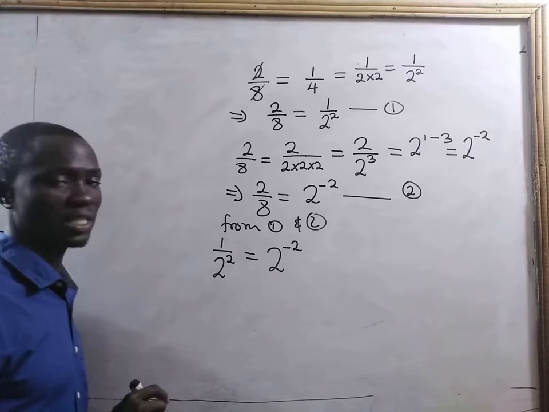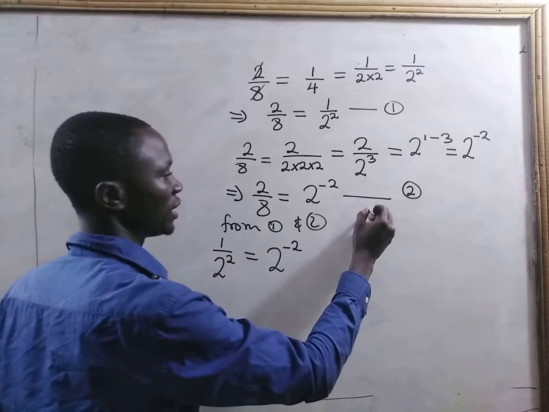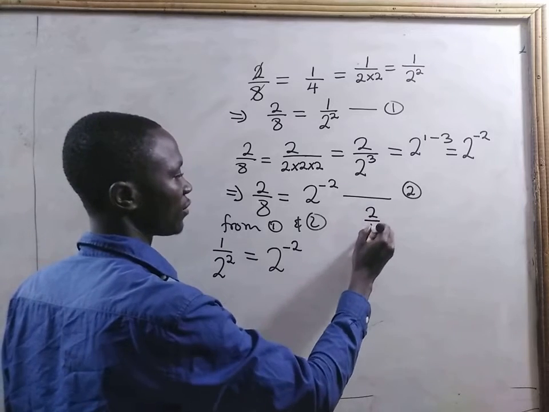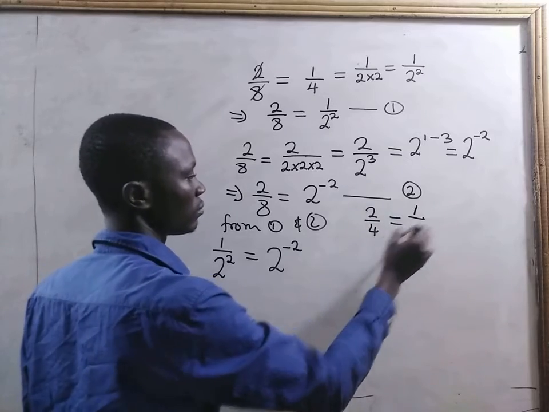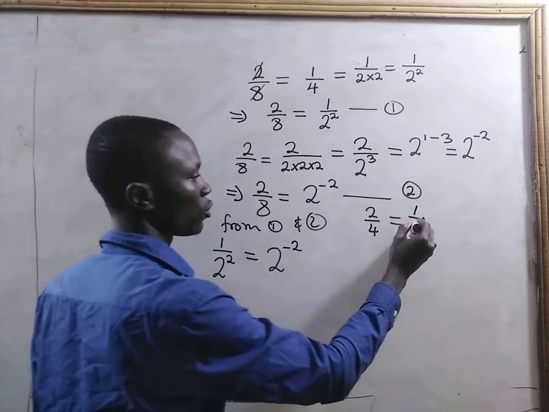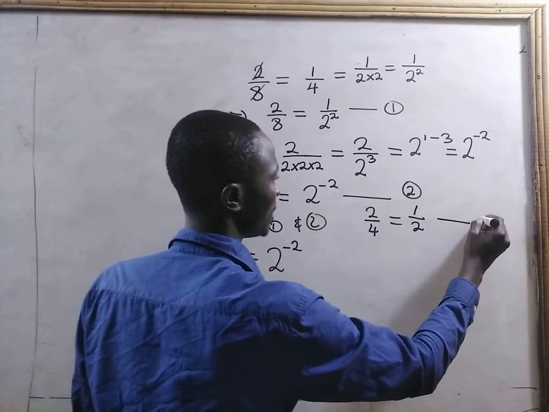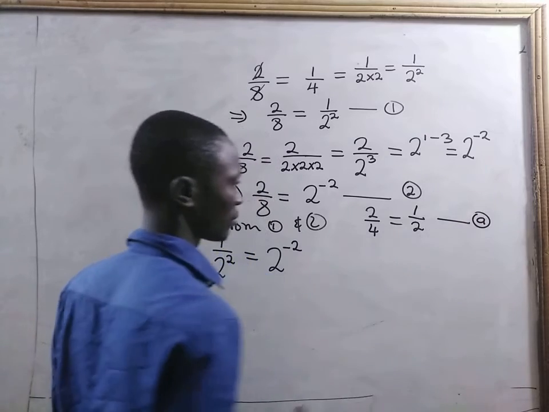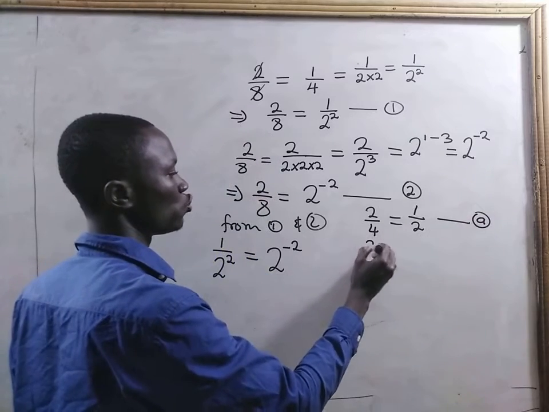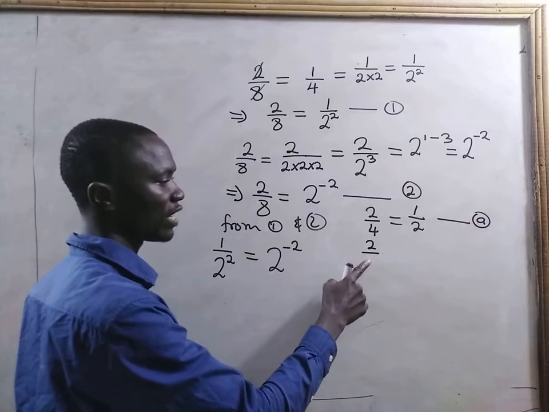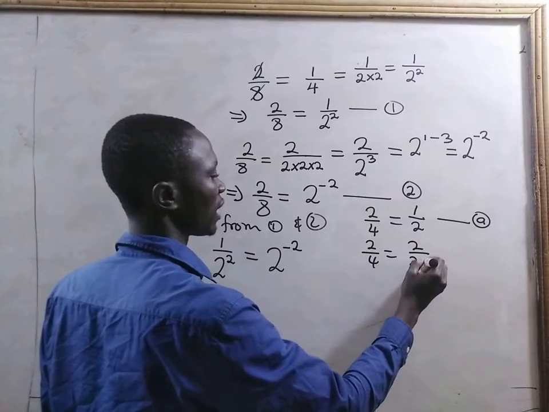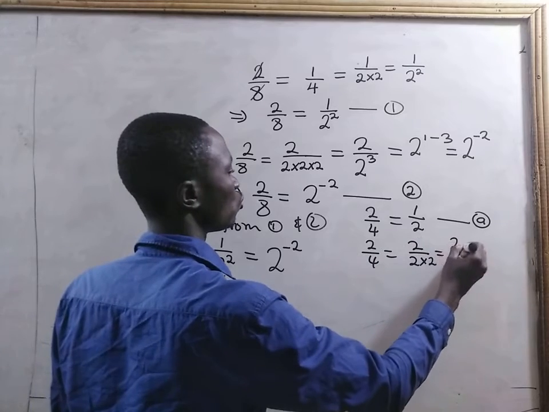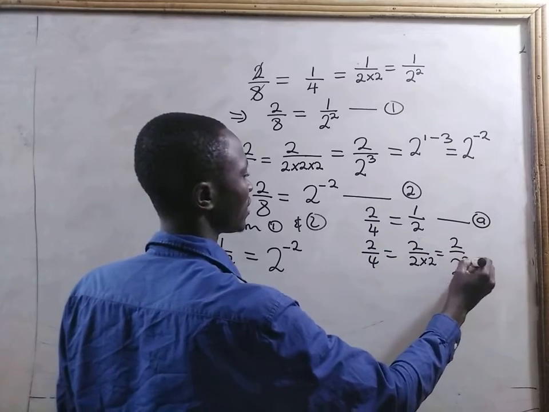Now let's look at this simple one. If we take 2 divided by 4, here 2 divides itself 1, 2 divides 4, 2. Let's name this equation A. The same 2 divided by 4 is equal to 2 divided by 2 times 2, which is equal to 2 divided by 2 squared.